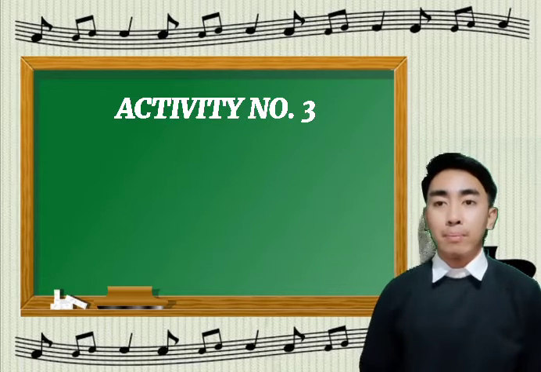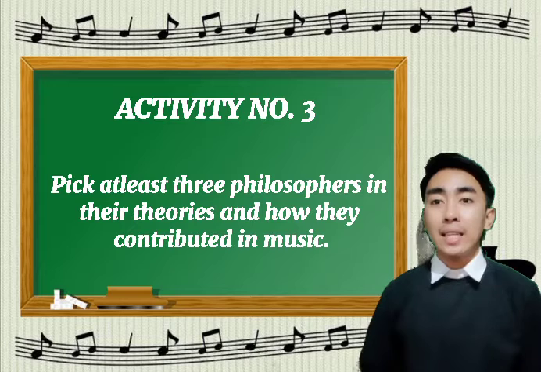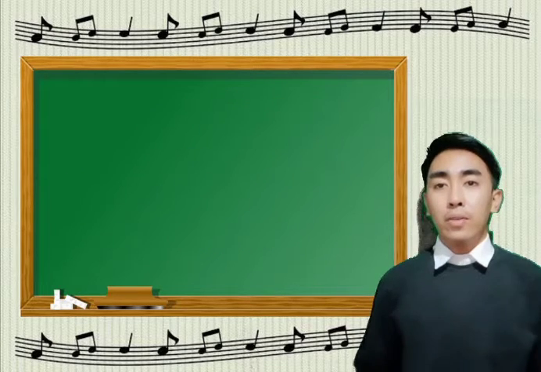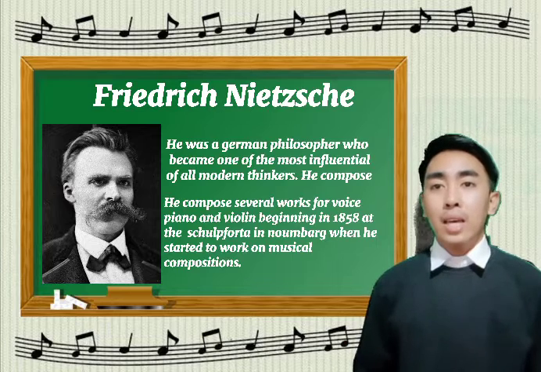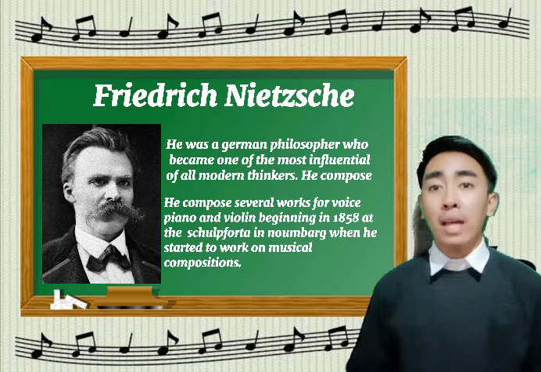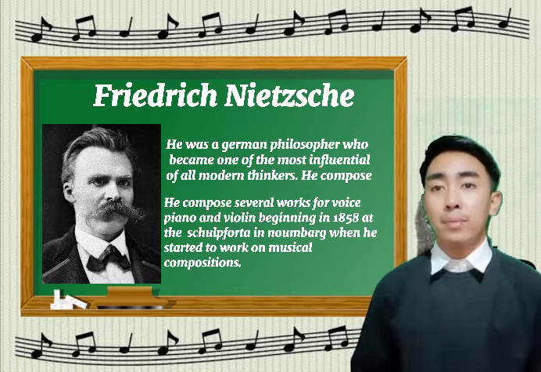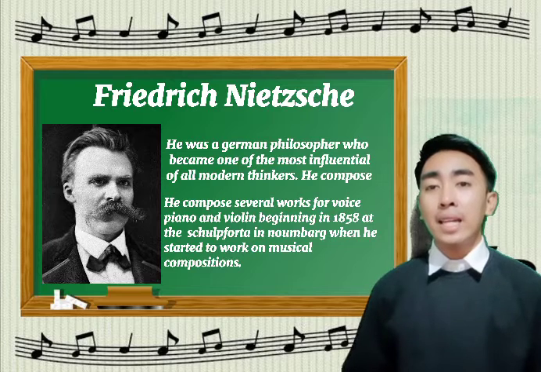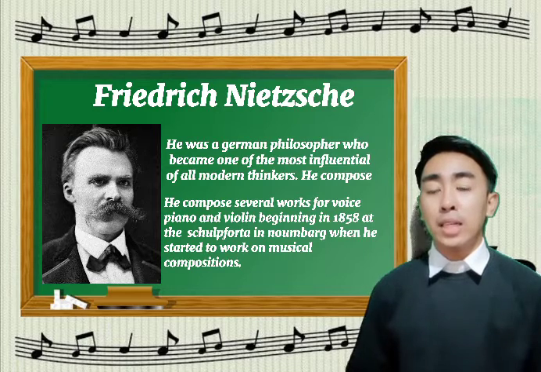Activity number 3. Pick at least 3 philosophers, their theories, and how they contributed to music. First, Friedrich Nietzsche. He was a German philosopher who became one of the most influential of all modern thinkers. He composed several works for voice, piano, and violin, beginning in 1858, when he started to work on musical compositions.